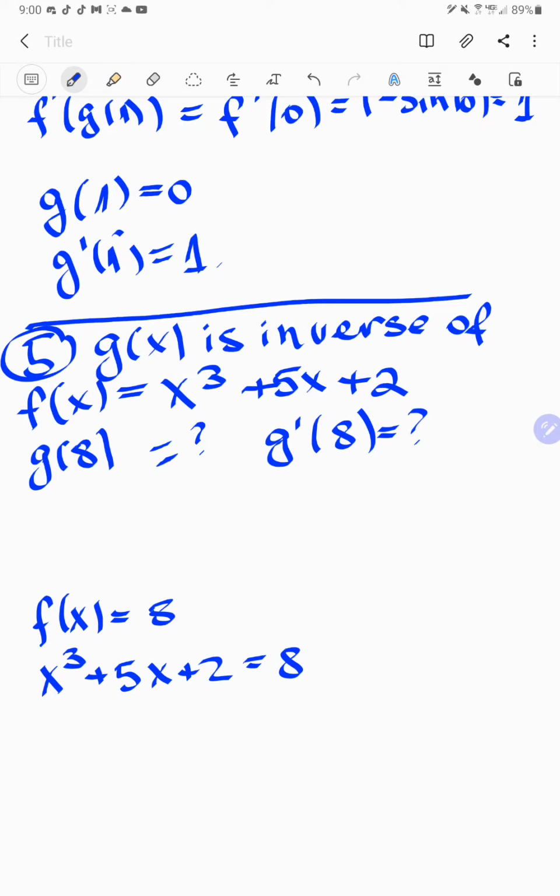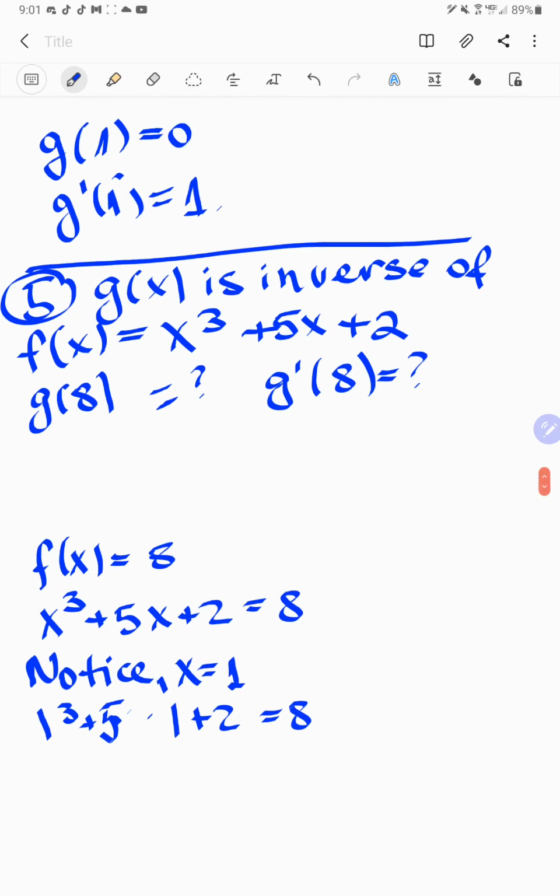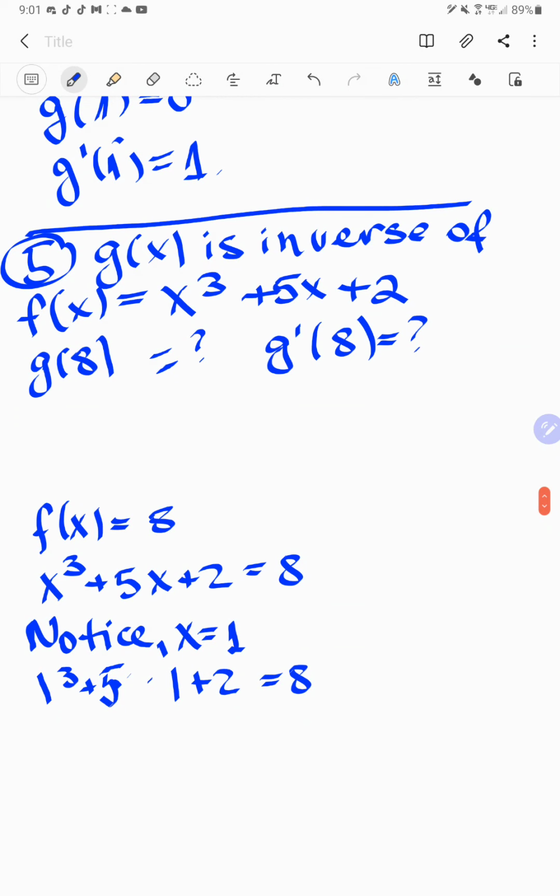Because we have a third power here, it might be hard to factor, but notice that if we plug in x equal to 1, we get 1 cubed plus 5 times 1 plus 2 equals 8, which gives us that x equal to 1 is a solution. So that means that f of 1 is equal to 8, and working backwards, because g is the inverse, if we plug in 8 in g, we'll get the solution to be 1.